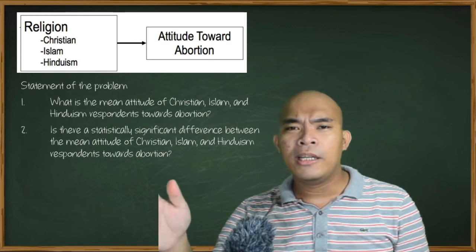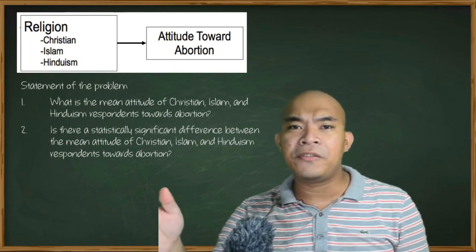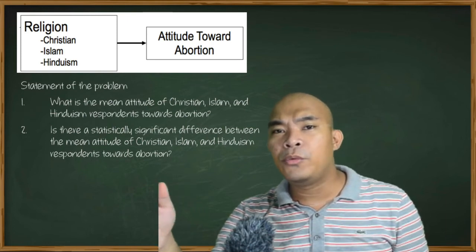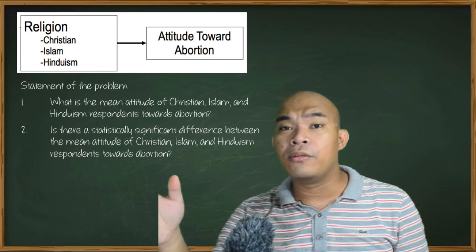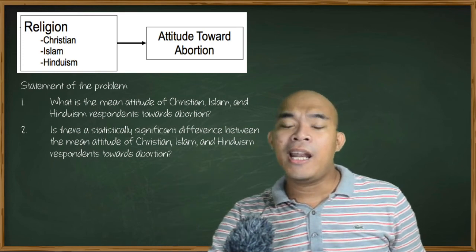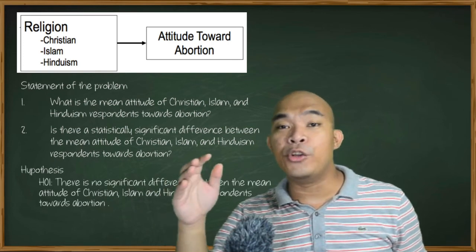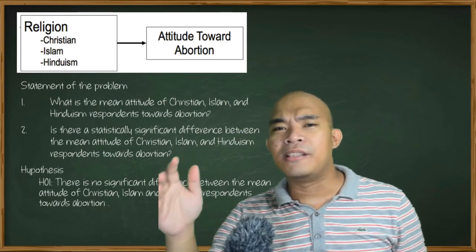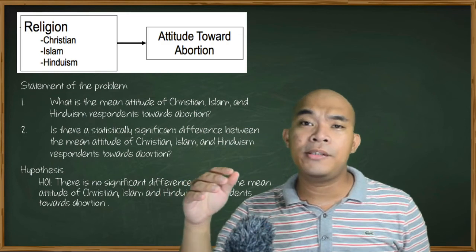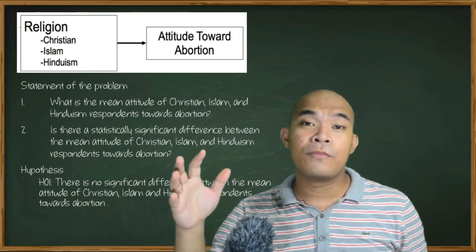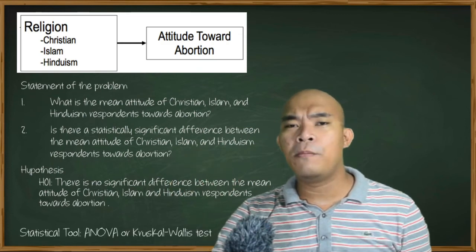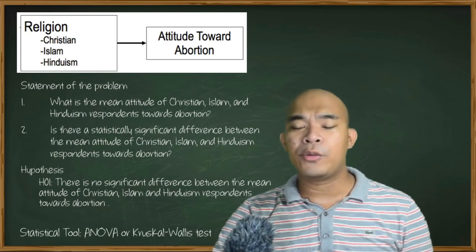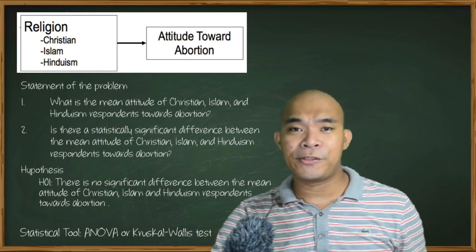So number 2, is there statistically significant difference between the mean attitude of Christian, Islam, and Hinduism respondents towards abortion? For the null hypothesis, there is no significant difference between the mean attitude of Christian, Islam, and Hinduism respondents towards abortion. We can use ANOVA or Kruskal-Wallis test to decide either to reject or fail to reject the hypothesis.